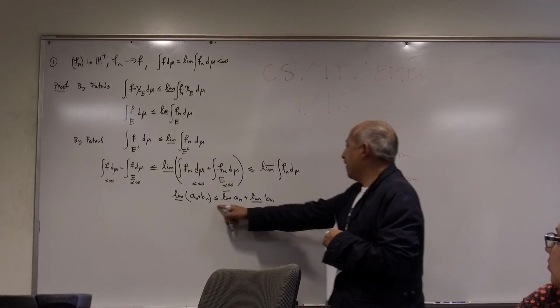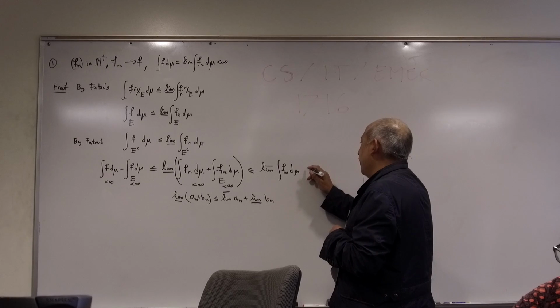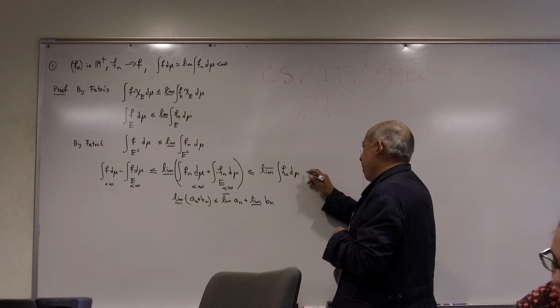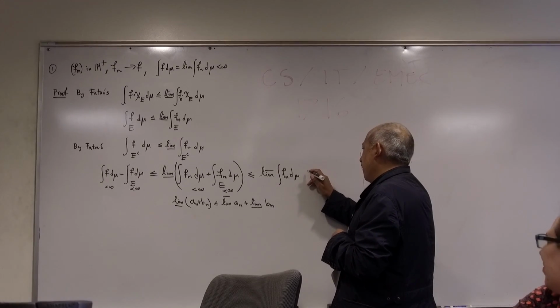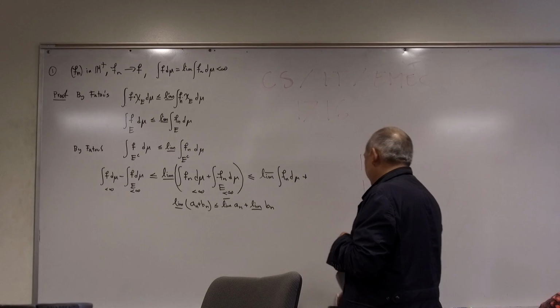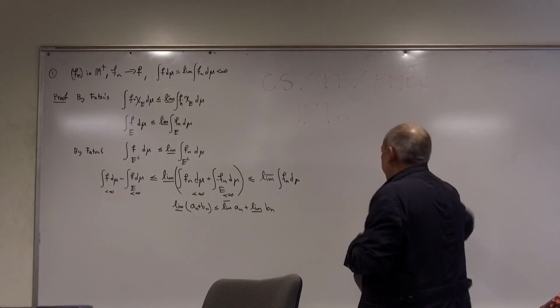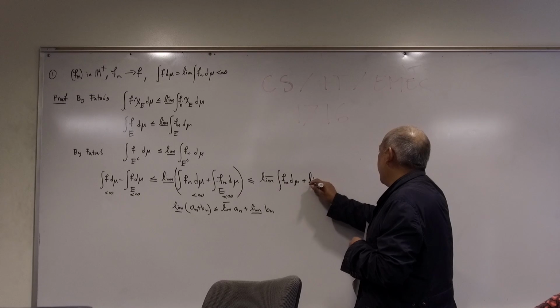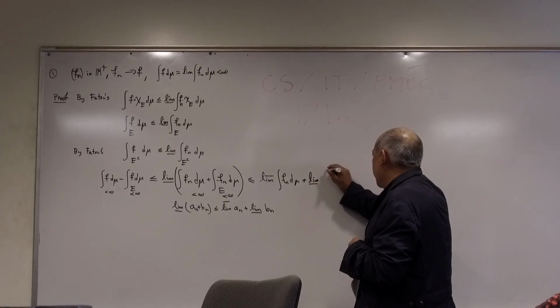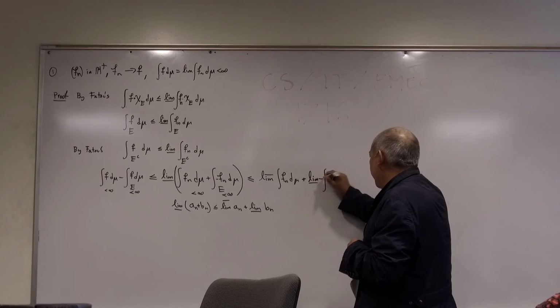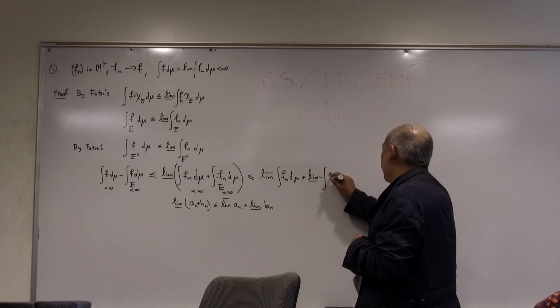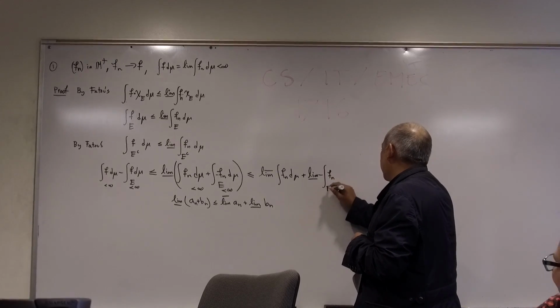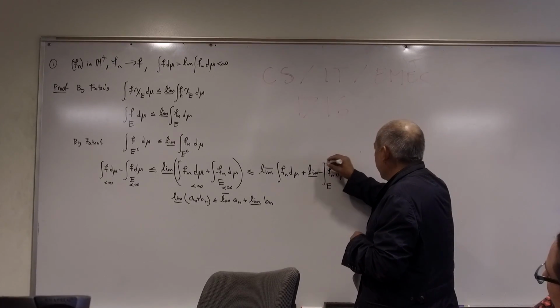So if I apply this here, it would be plus, you guys agree? Plus lim inf of minus the integral, and this is what Eric is talking about. There's a minus here, right?